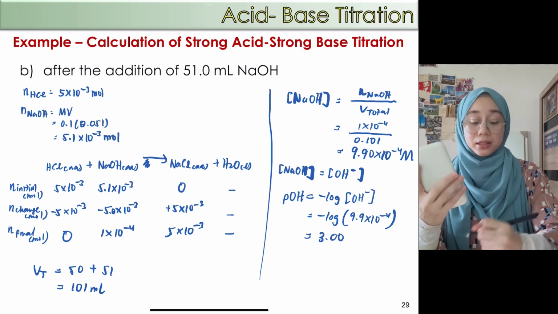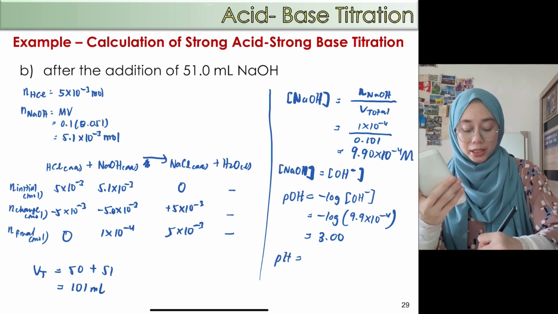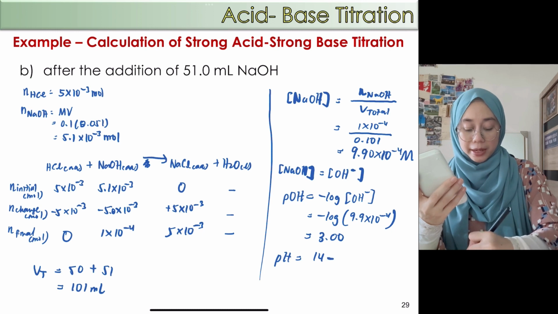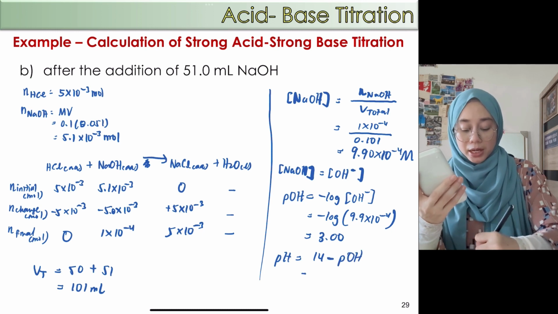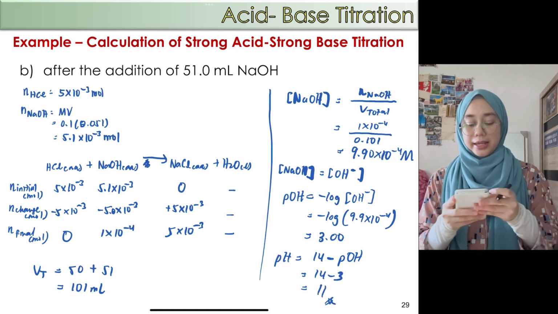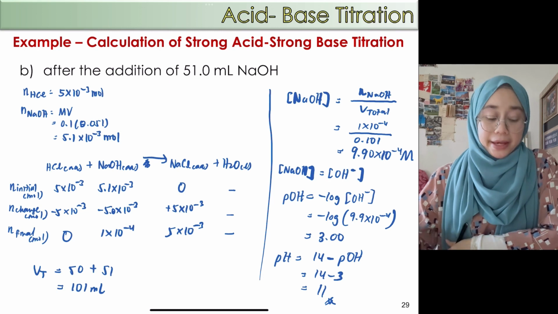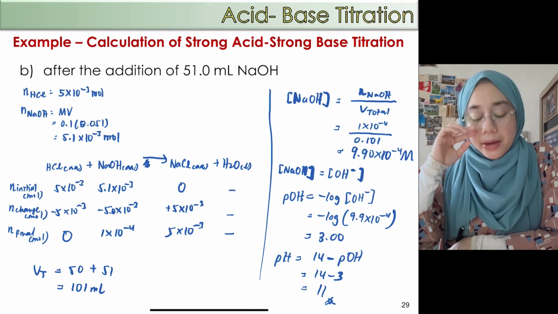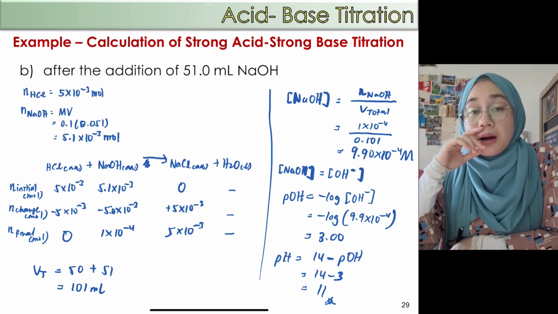No, not yet, because this is not pH. So we have to find the pH. pH, we know that it is 14 minus pOH. Therefore, 14 minus 3 equals 11. Settle. So we have our pH after we have added 51 ml of NaOH in our titration.